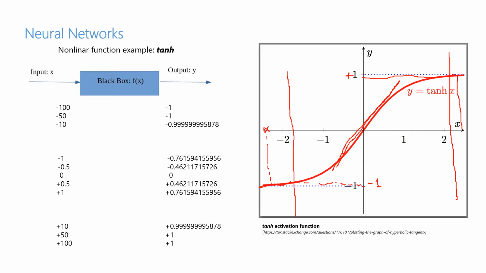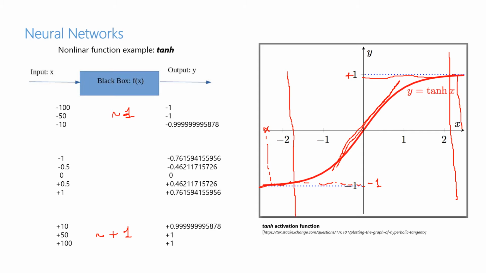We can see some examples here on the left. For negative values, we get values which are very close to -1. On the bottom, we see positive values, and we get values which are close to +1.